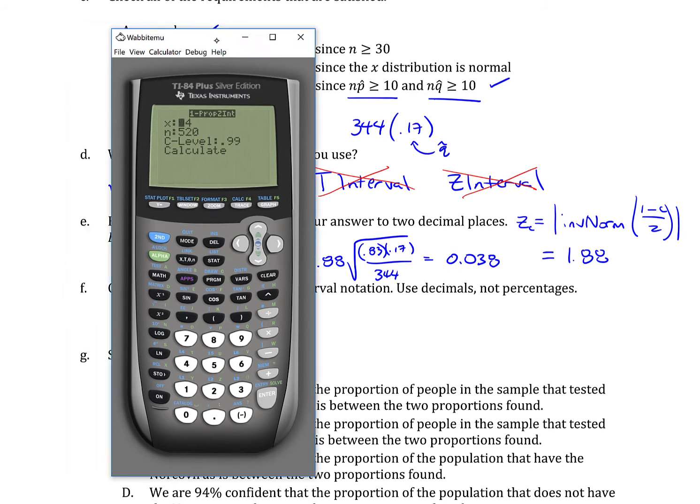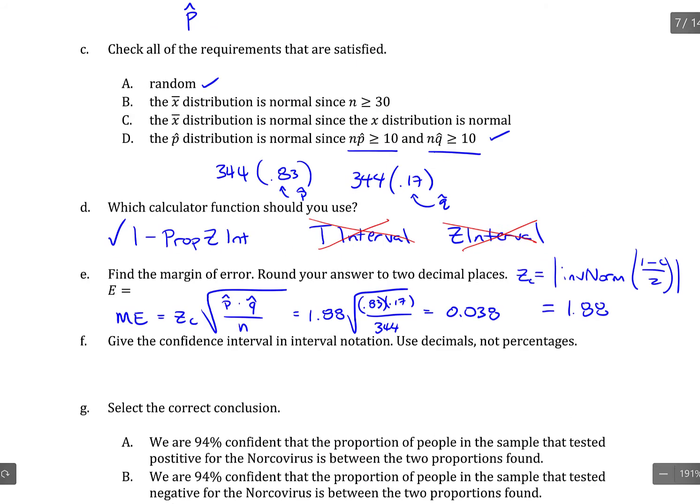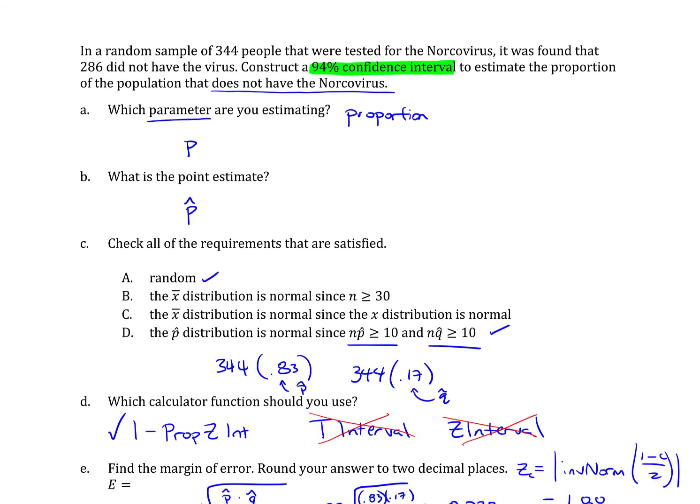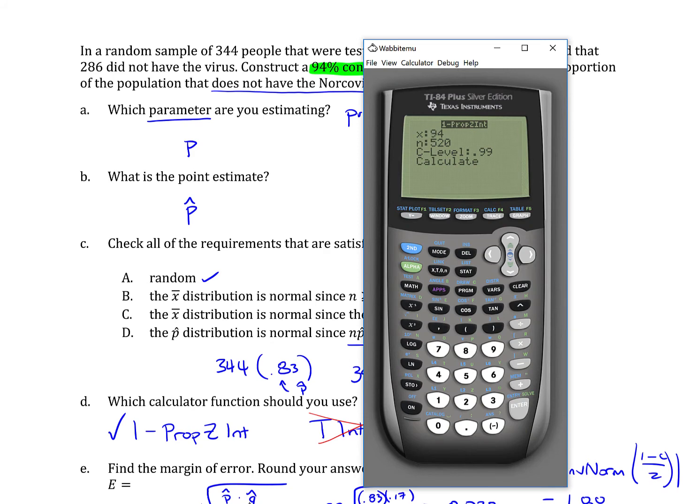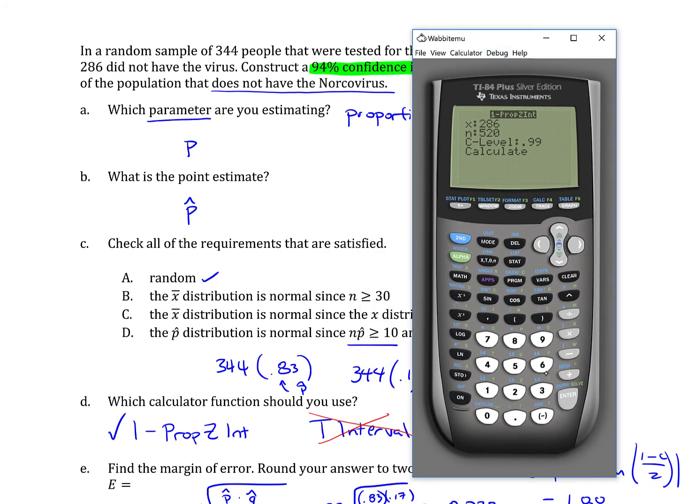All right, so x, this is the number of items that favor the event out of the sample, which, going back to the problem here, that was 286. N is the number of people in the sample total, so 344. Level of confidence is 0.94. If I hit calculate, that gives me the endpoints of my interval.